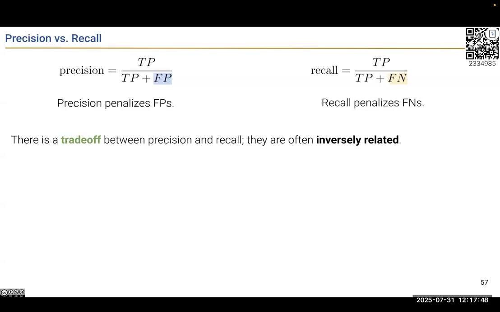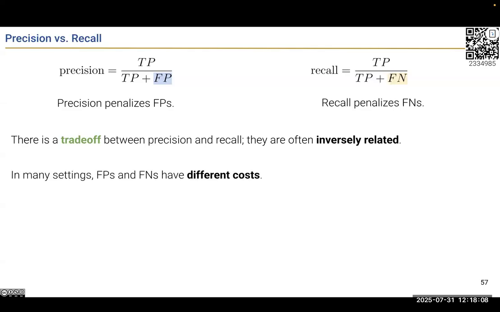If you want to lower the number of false positives, then oftentimes you will have to raise the number of false negatives, and vice versa. So there's a trade-off going on between these.